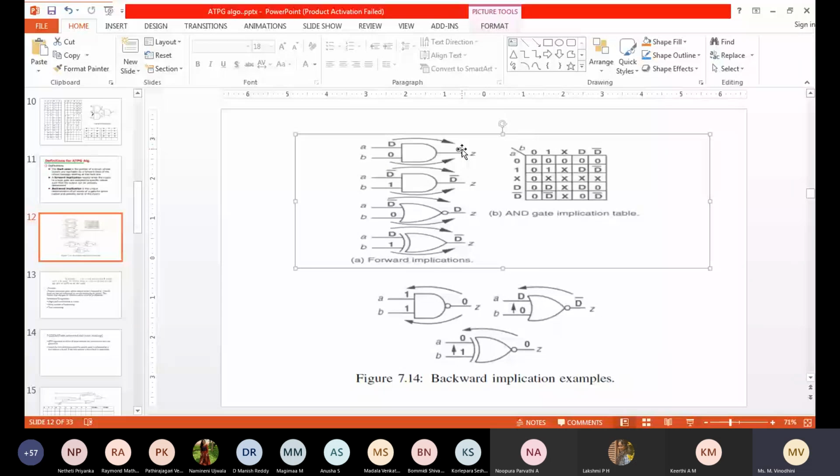This is known as forward implication. In case you know the output and one of the inputs, you can identify the other input. We call it backward implication. Remember, backward implication means identifying the input. Forward implication means identifying the output.